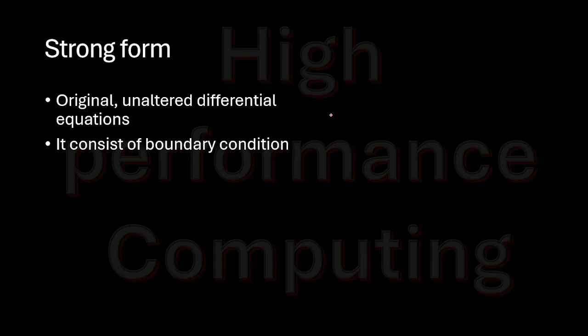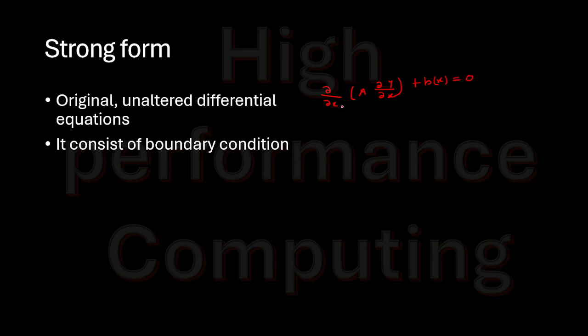Like in the previous lecture, for the one-dimensional case, del by del x of a del y by del x plus bx equals 0.